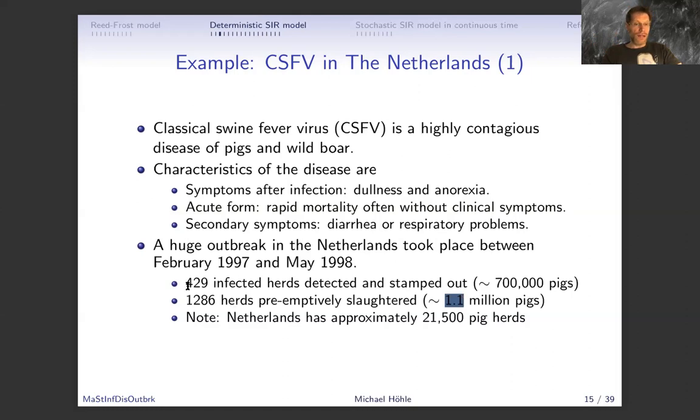Just to get an idea of the size of the total pig population in the Netherlands, which is a big pig producer, there are about 22,000 herds altogether. So it is substantial, but not all of them were affected. And of course, you will always be interested in investigating whether such preemptive measures are really worth the costs or the lives of that many pigs. So this is also an analysis that you'll be interested in doing.